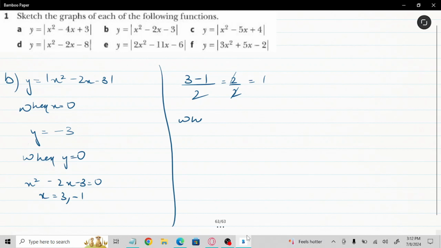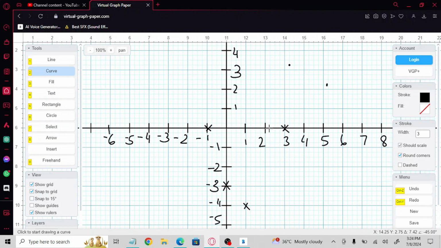So when x is equal to 1, y is equal to 1 squared minus 2 minus 3, and that's going to be -4. So we have our points. Let's plot these coordinates on a graph.